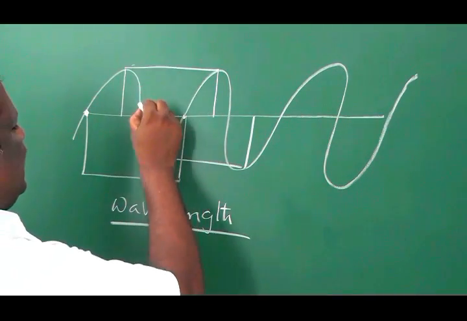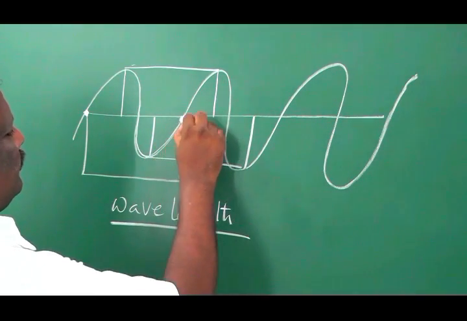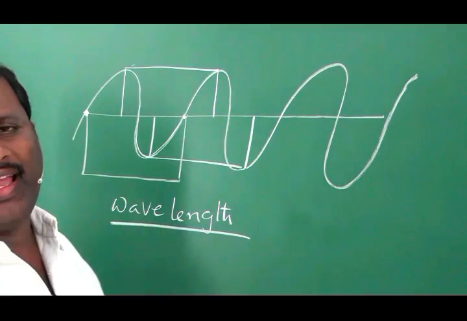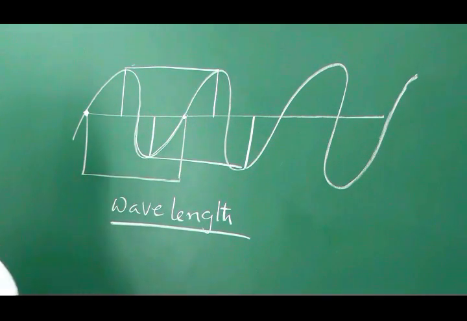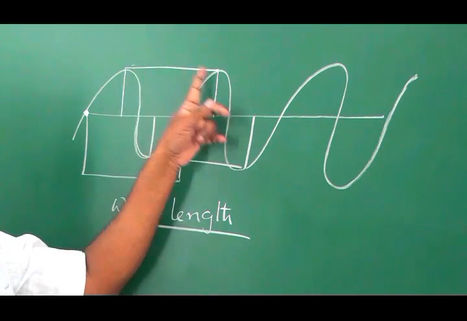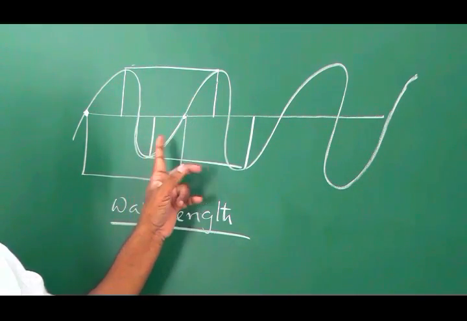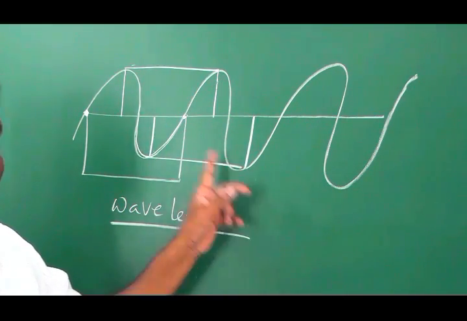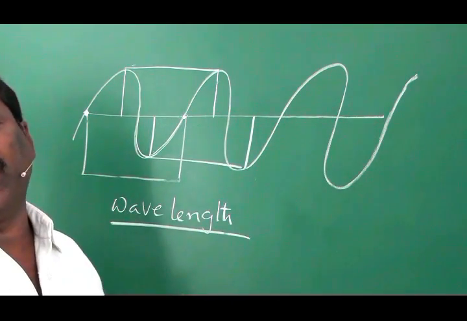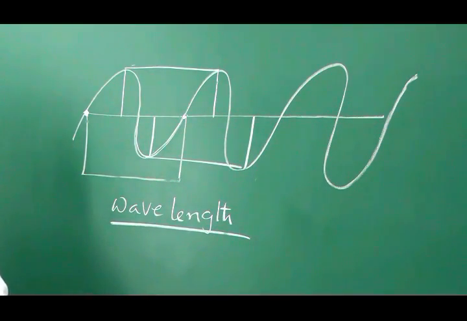This is said to be a crest and these are said to be troughs. So the wavelength can be defined as the distance between two successive crests or two successive troughs or two successive similar points along the path of the light.